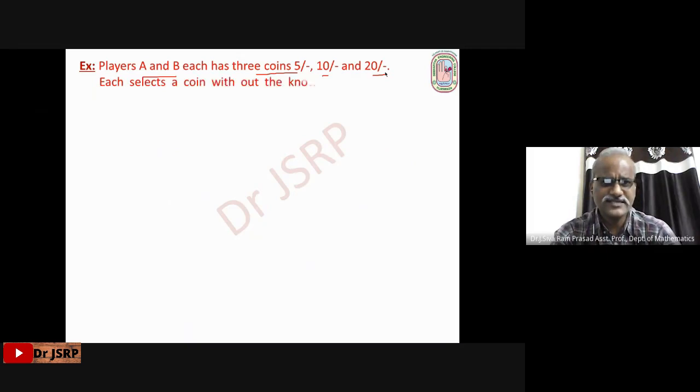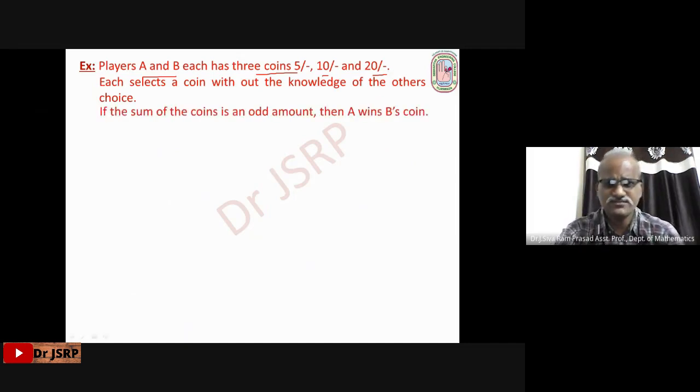Consider this problem. Players A and B each have three coins: 5 rupees, 10 rupees and 20 rupees. Each selects a coin without knowledge of the other's choice. If the sum of the coins is an odd amount, then A wins B's coin.